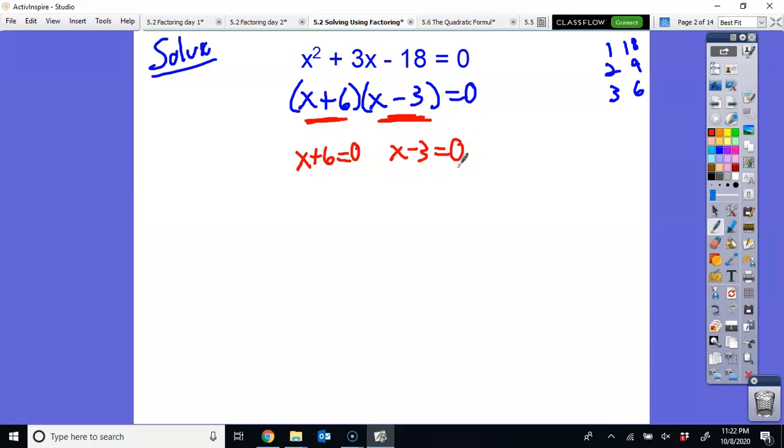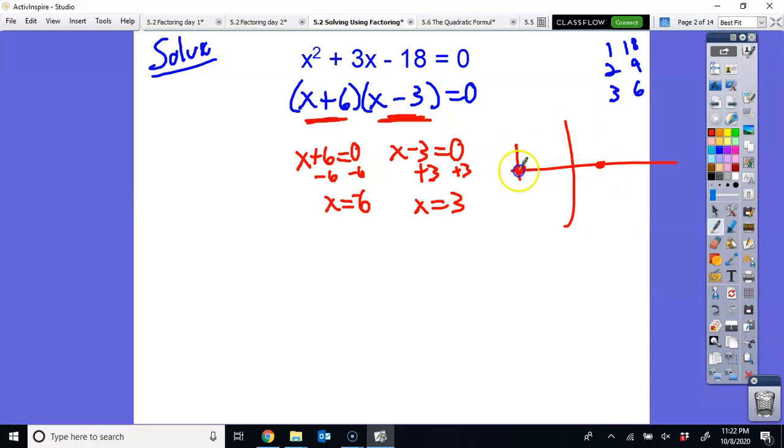If you multiply two things together and you get nothing, one of them has to be nothing. And so then I just subtract 6, and I get x is equal to -6, sorry. I add 3, and I get x is equal to 3. Yes, guys, if you think about the graph, that means -6 and +3 over here somewhere.